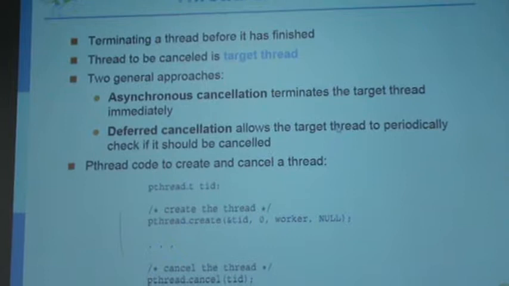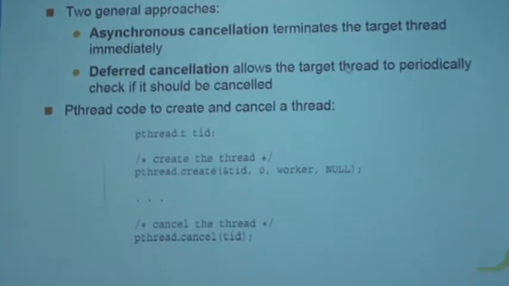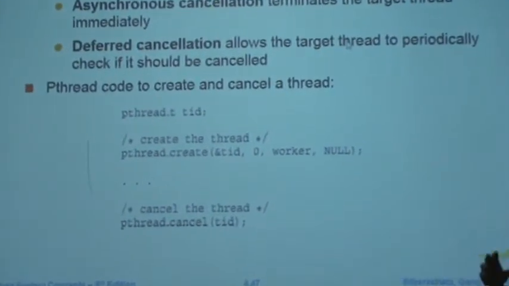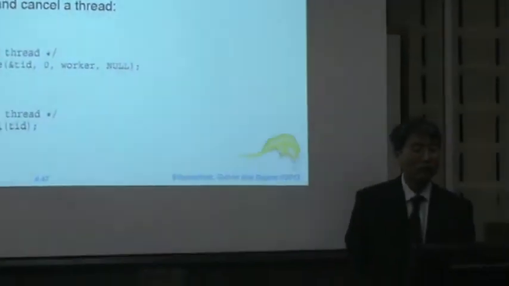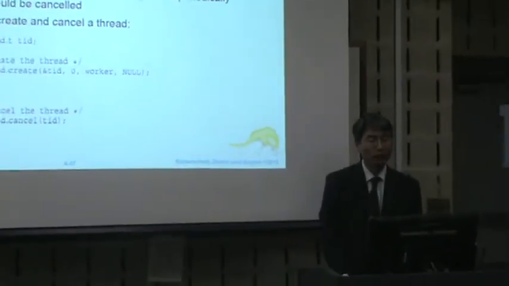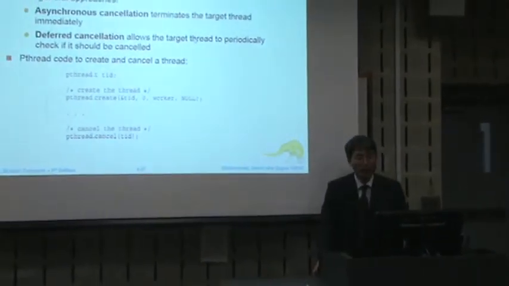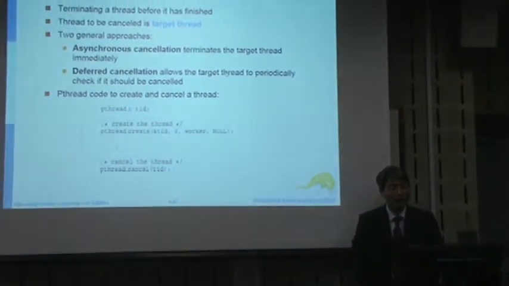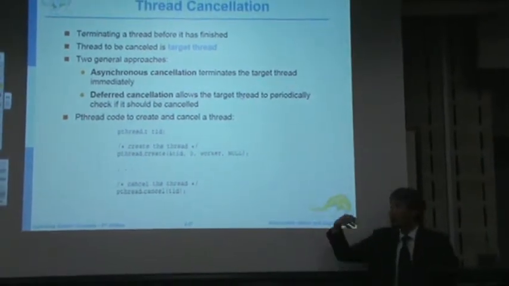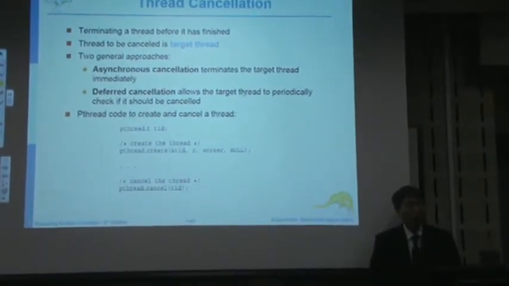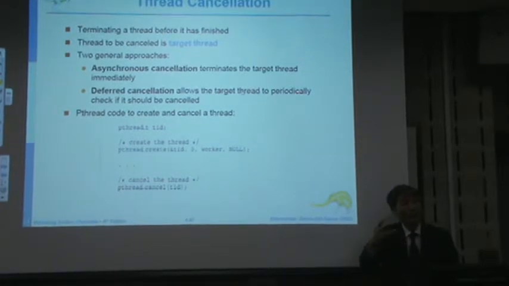Sometimes when you stop, even though you stop the thread, it is still running until the current process is completed. That is the deferred cancellation. So the target thread will not be completed during the deferred cancellation. Once it is done, it will be completed. So you need to check periodically whether this thread is cancelled or not.